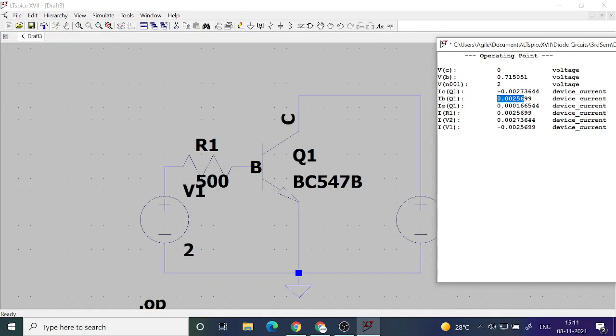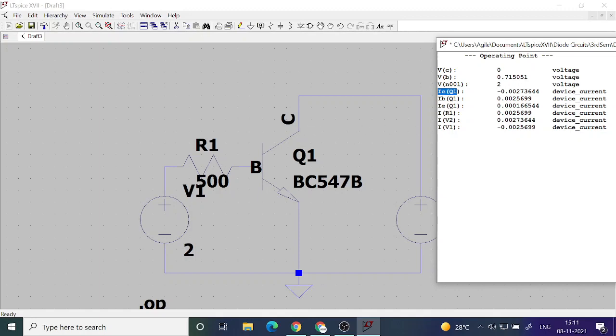Okay, and then what about the collector terminal? What is the current flowing? As I told you, we are giving a 0 voltage for the collector terminal, so VC is 0. The current through the collector, that is IC, is negative.